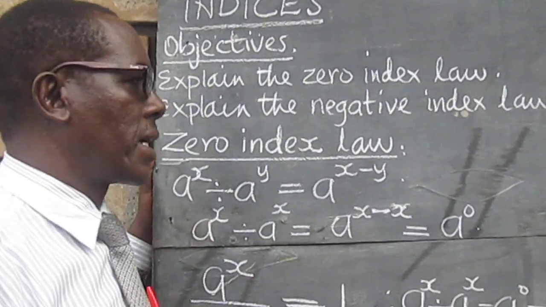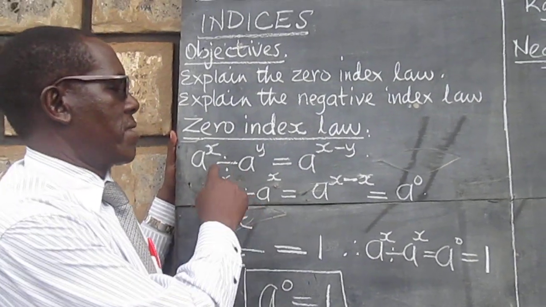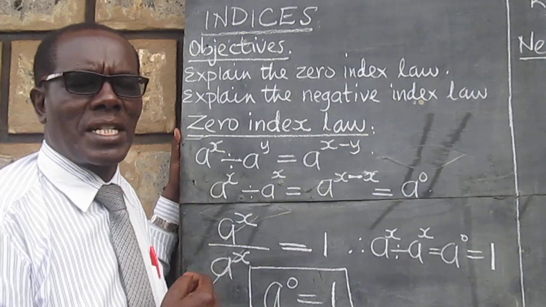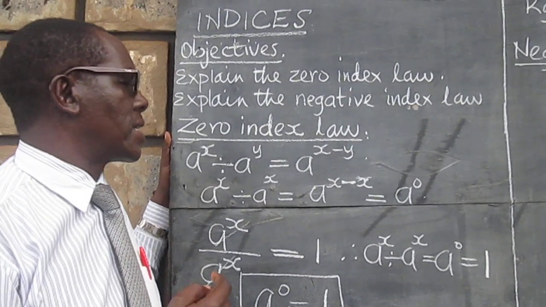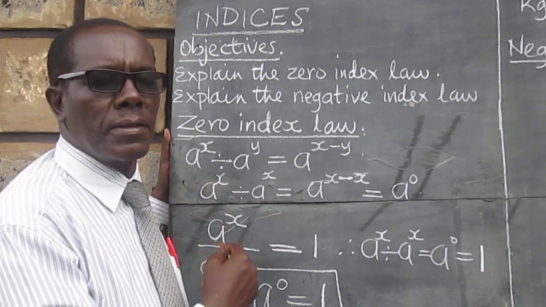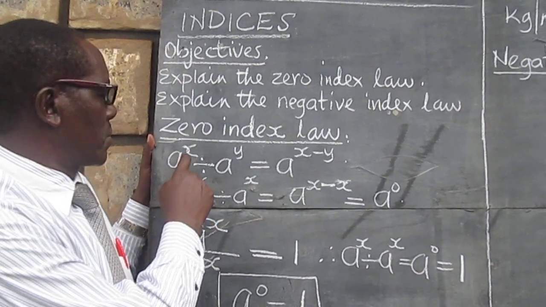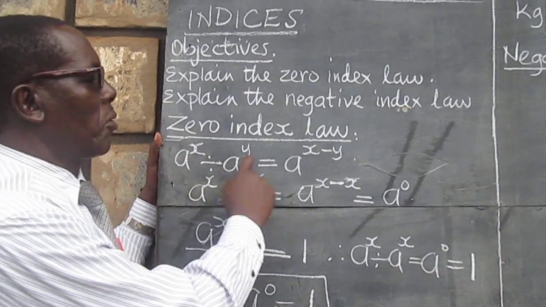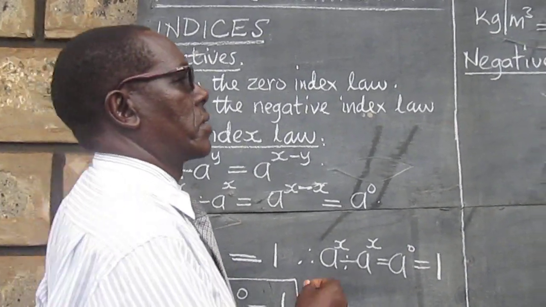Let us go back to the law we looked at last time and see what happens when x in our law is 0. So let's look at this situation.